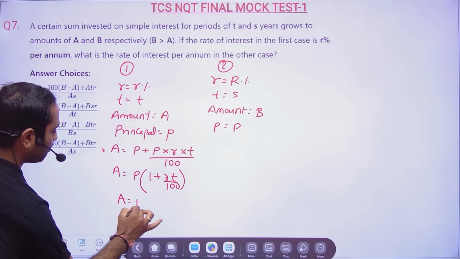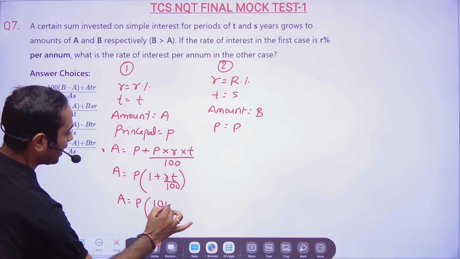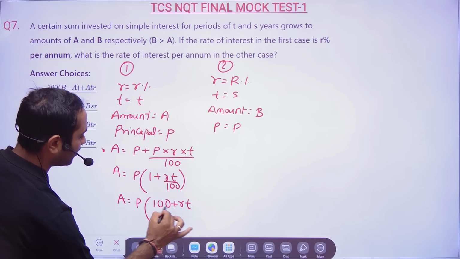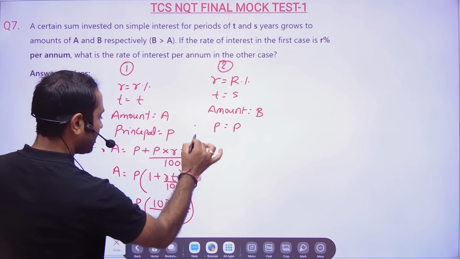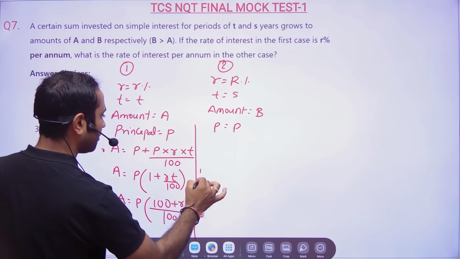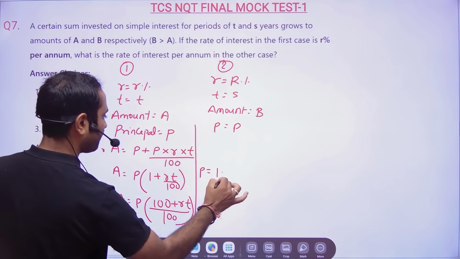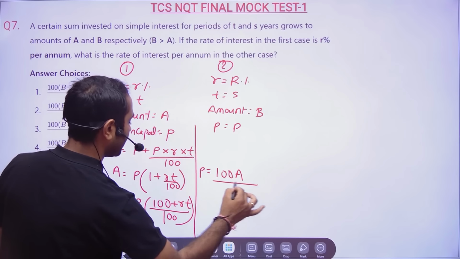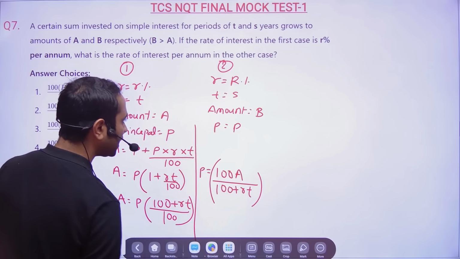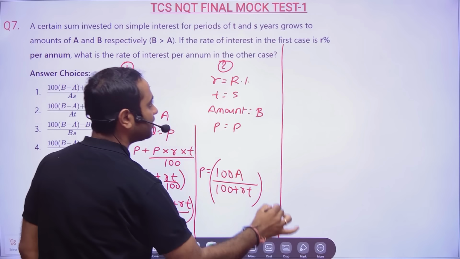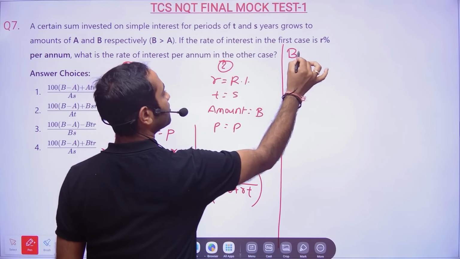A is equal to P into, if you take LCM, 100 plus RT divided by 100. Now I'm trying to get P from here, so P will be 100A divided by 100 plus RT.